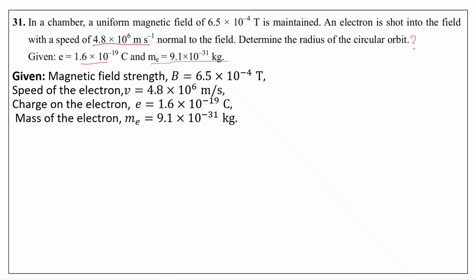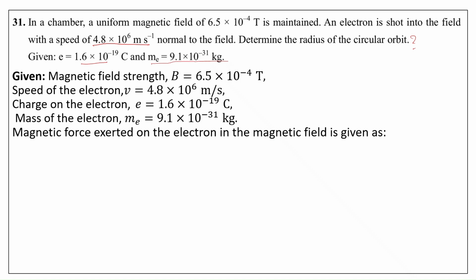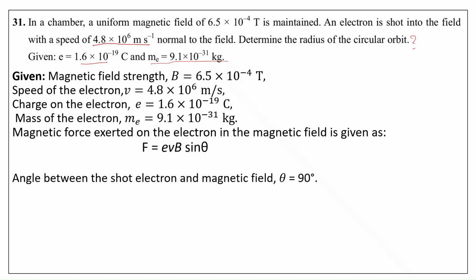Mass of the electron, m_e is equal to 9.1 into 10 to the power minus 31 kilograms. Therefore, magnetic force exerted on the electron in the magnetic field is given as F is equal to evB sin theta. Angle between the shot electron and magnetic field, theta is equal to 90 degree.